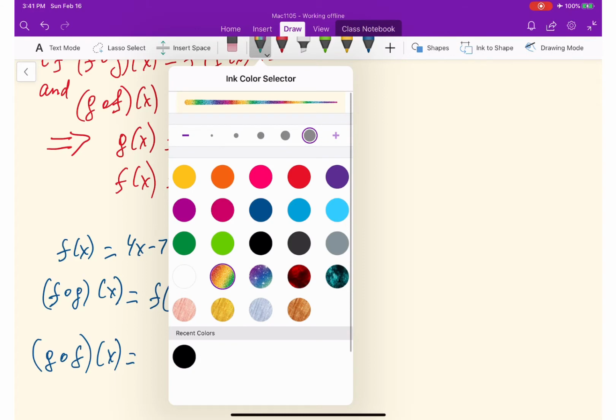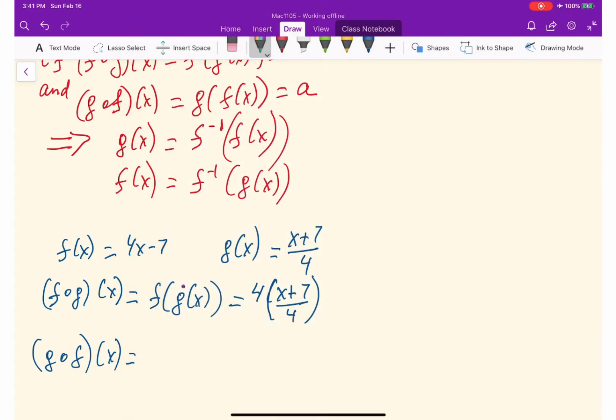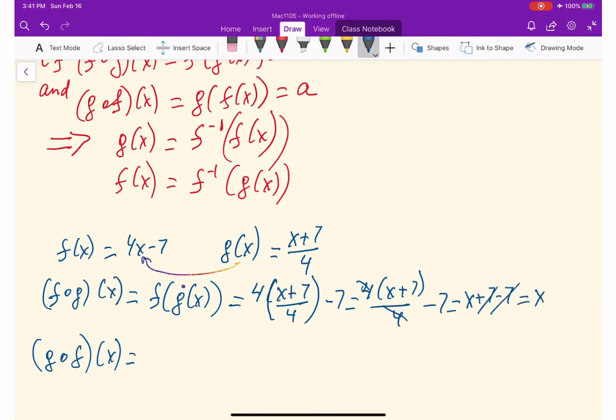What am I doing here? I'm taking this g of x and plugging it in, because I have g of x here in f of g of x. So it is 4 times x plus 7 over 4 minus 7. 4 and 4 cancel. x plus 7 minus 7, the 7s are gone, it is equal to x.